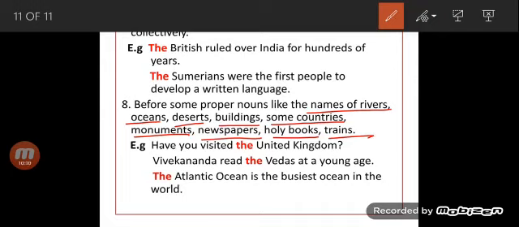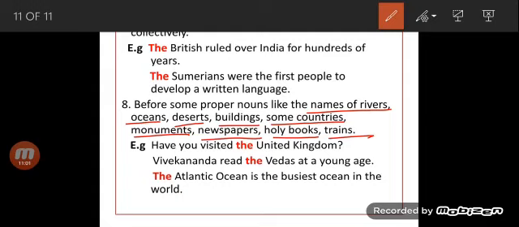Names of rivers like the Ganga, the Yamuna; oceans, the Indian Ocean; deserts, the Thar Desert; buildings; some countries like the Philippines, the United Kingdom; monuments like the Taj Mahal, the Qutub Minar; newspapers like the Times of India, the Hindu; holy books like the Quran, the Bhagavad Gita, the Bible; trains like the Shatabdi Express, the Rajdhani Express. For these proper nouns, we use article the.